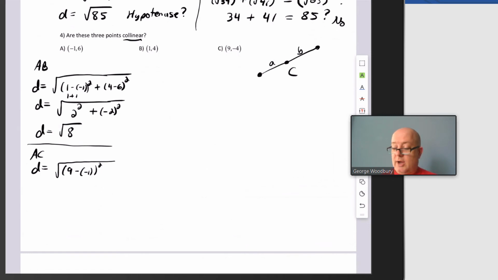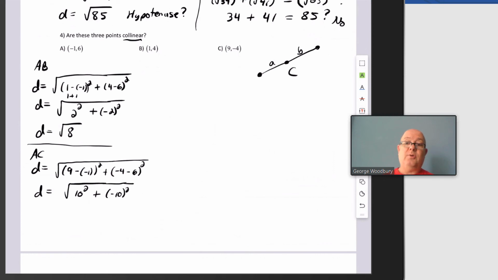Do the same thing with the y-coordinates, plus the second y-coordinate, -4, minus the first one, 6, quantity squared. 9 minus -1 is the same as 9 plus 1. So this becomes the square root of 10 squared plus -4 minus 6, which is -10 squared. And so we've got 100 plus 100 in the radicand, or 200. So D equals the square root of 200.